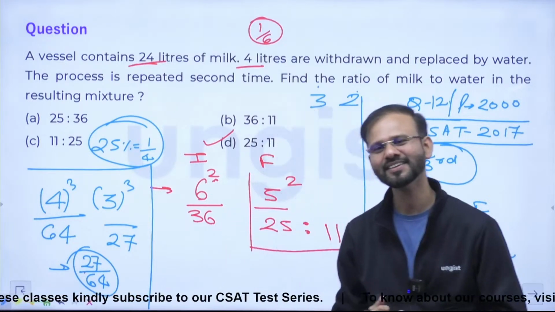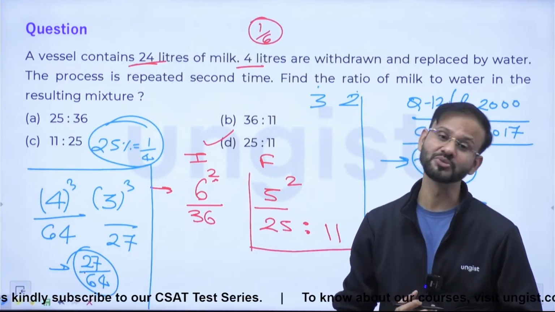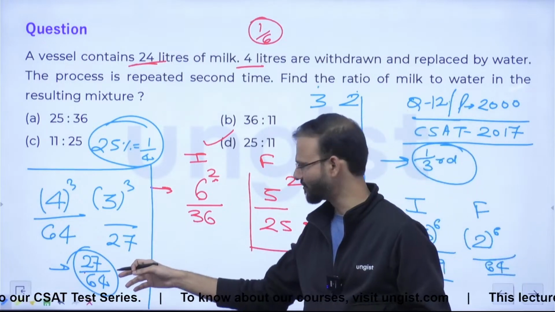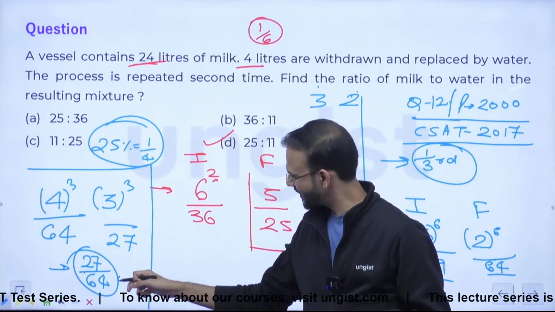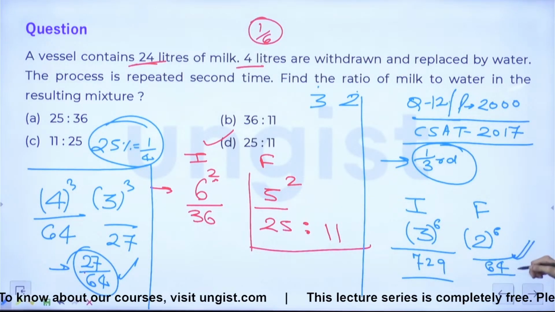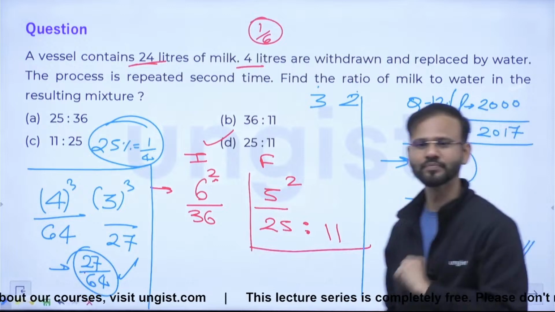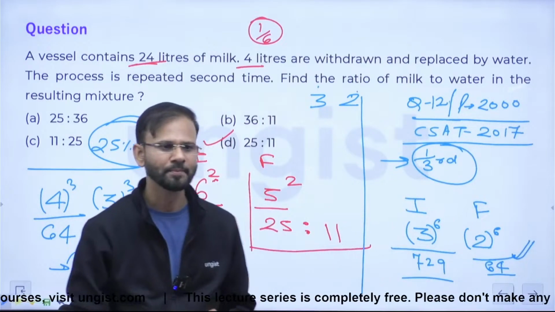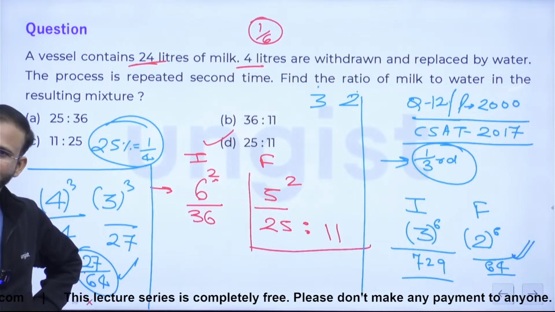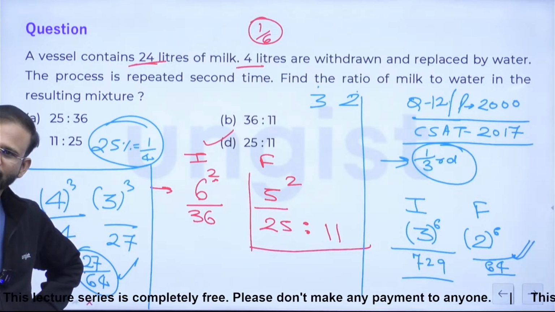The leftover is 27 with respect to 64. So if the question is what is left over, 27 by 64 is left over. If they are asking what fraction is left over, then 64 by 729 is left over. Everybody clear with this? One may get confused between ratio and proportion and percentage in the exam.